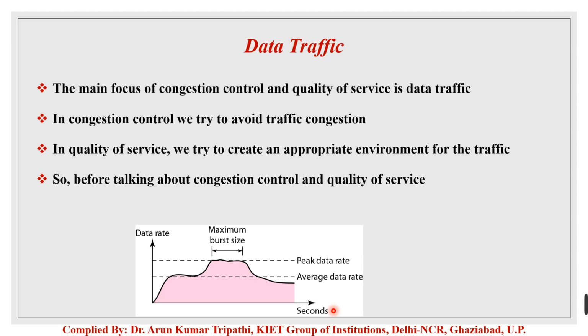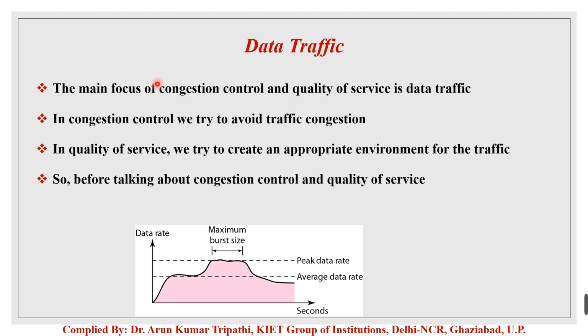The main focus of congestion control and quality of service is the data traffic. If the data traffic is higher, then quality of service will automatically decrease. Similarly, if the data traffic is larger than the capacity of the network, then there will be congestion.